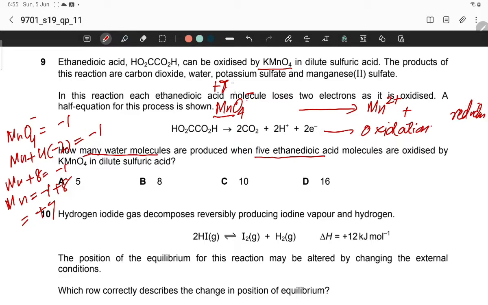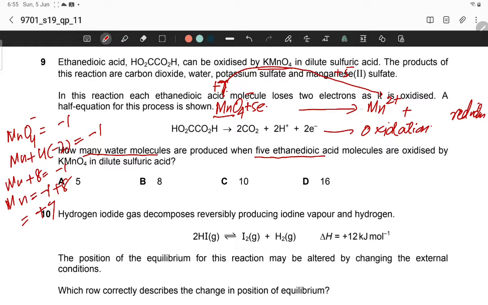So the oxidation state of manganese is plus 7 here and plus 2 here. The difference is 5, so 5 electrons are gained by manganate to form the manganese ion.